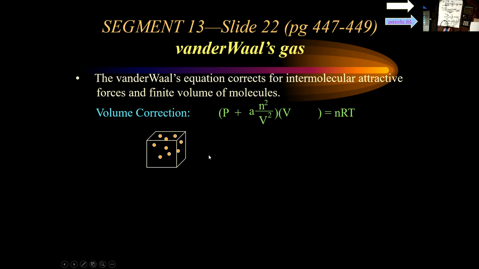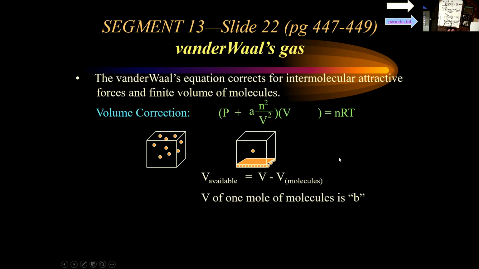Now let's correct for the volume of the container. Well, that's an easy correction. We've already looked at that. If I take all of these molecules and compress them down to here, this would be the volume of 1 mole of these molecules if they were touching each other. And so I need to correct the volume that the molecules have by the volume of the container minus the volume of the molecules.